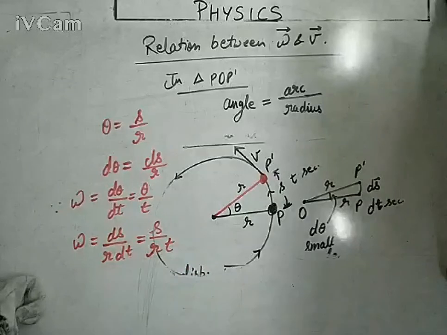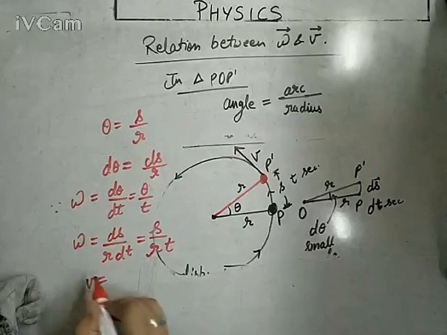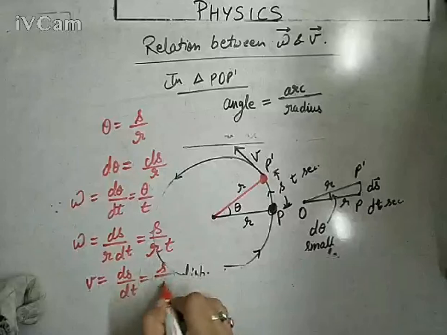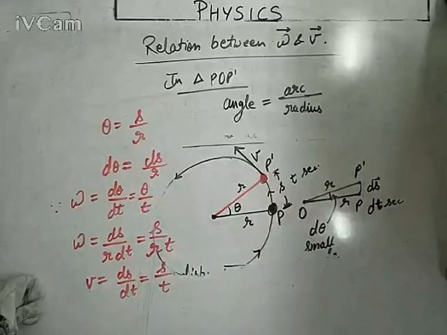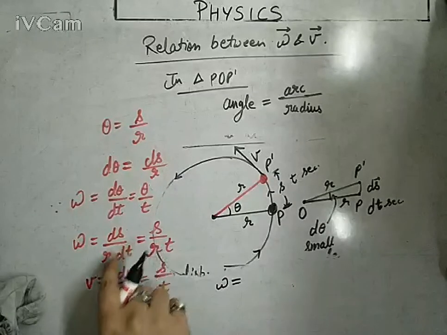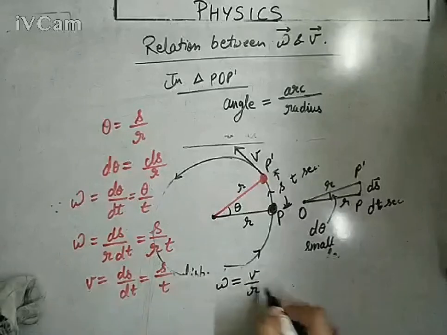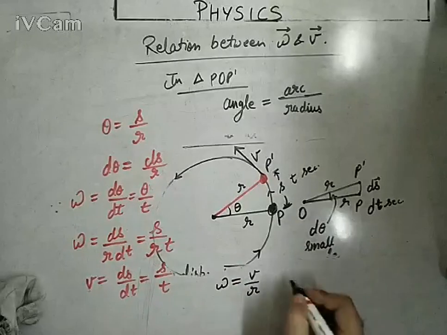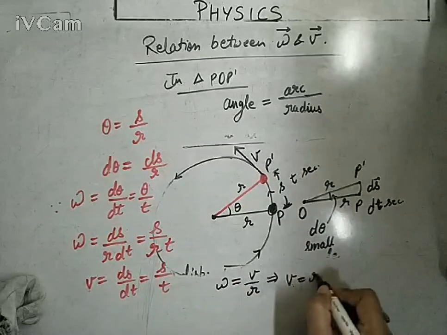And we know very well that linear velocity v equals ds upon dt in calculus, and in general s upon t, displacement upon time. So instead of s upon t we can write v. You will get the finalized outcome: omega equals v upon r, or v equals r omega.